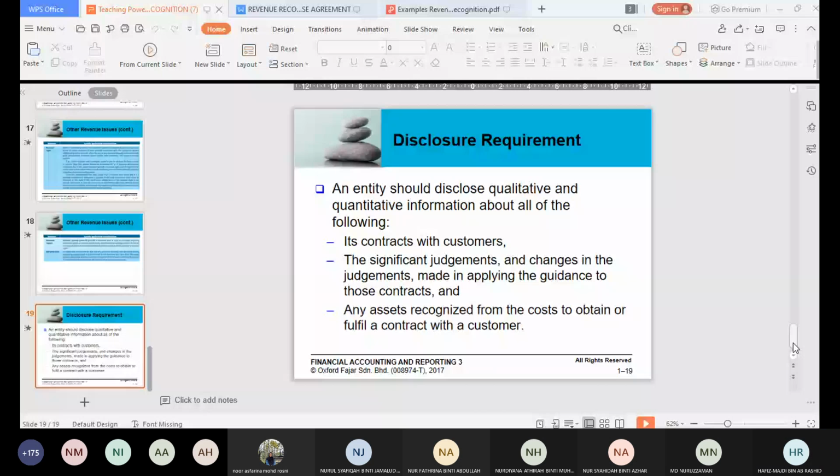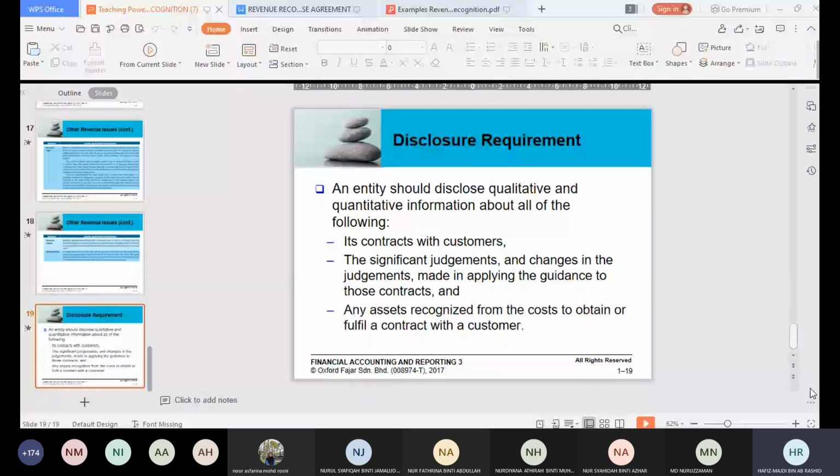What is important here, we have also discussed integrated reporting. Now information is not only subject to numbers or figures, some explanation or qualitative information might also be important to disclose. For example, here we're talking about contracts with customers, changes in the contracts, and any asset recognized from the cost.